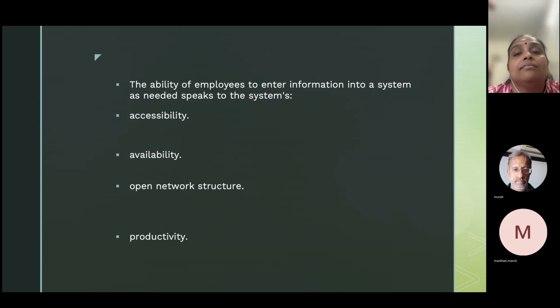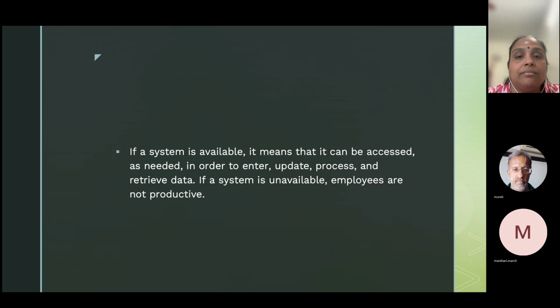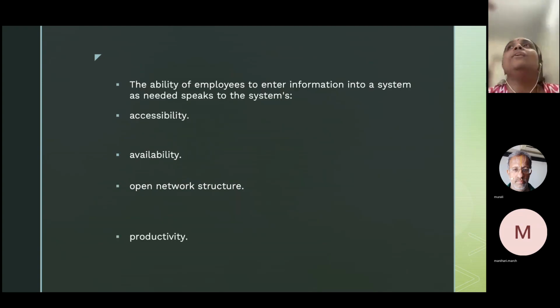Employees to enter information into a system as needed. I think it's accessibility. No, it is availability. See, this is what I want to tell you. When we say accessibility, it is only about access. Here we are telling you to enter information as and when needed.